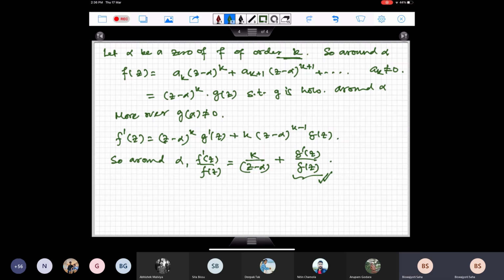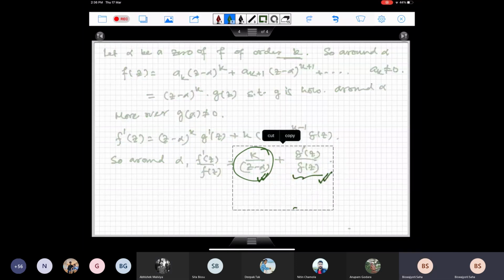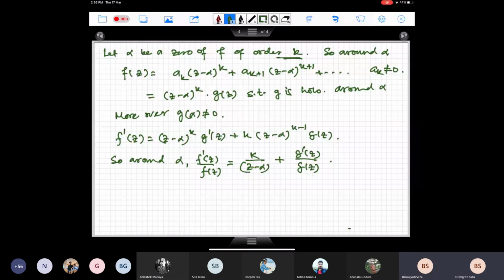And there is another part. What about this particular part? How does this function behave around alpha? Simple pole. What is the residue? k.